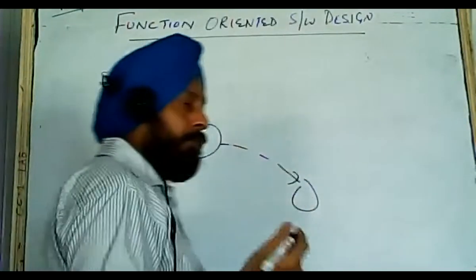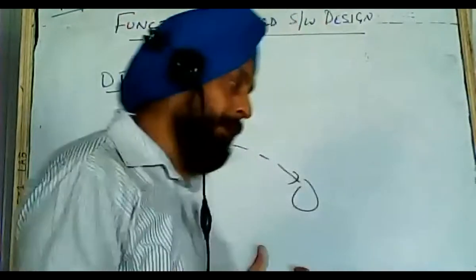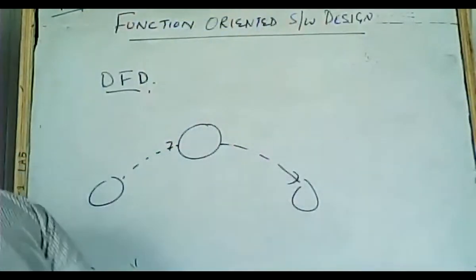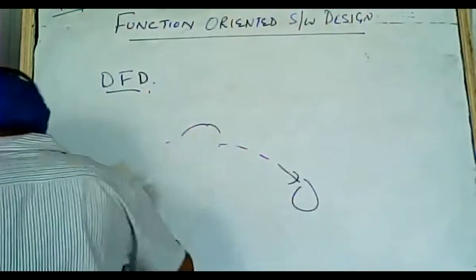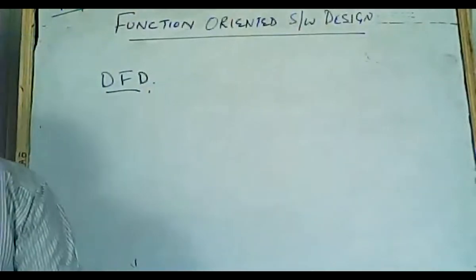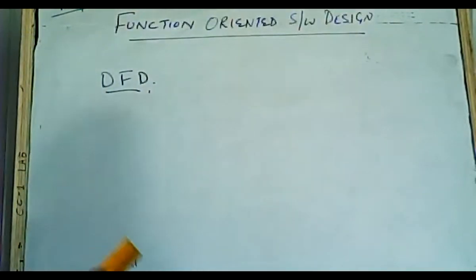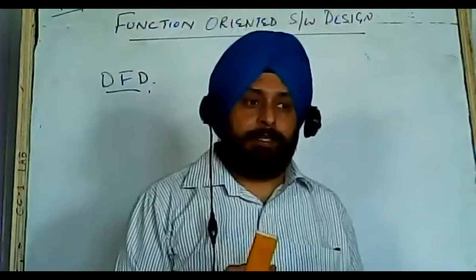This is shown with the help of the DFD. It is an elegant modeling technique, and it is used to represent structured analysis. The structured analysis process is represented with the help of data flow diagrams.